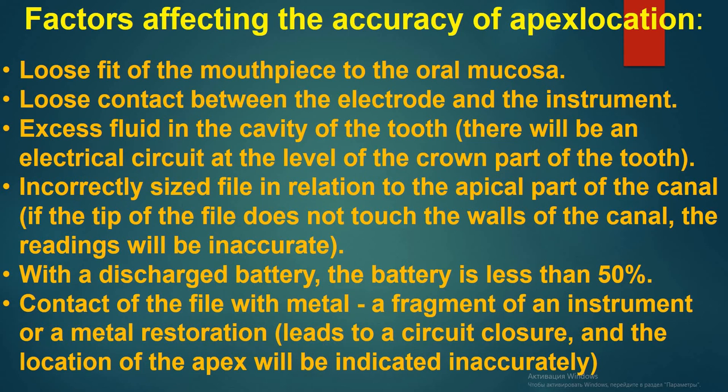There will be an electrical circuit at the level of the crown part of the tooth. Incorrectly sized file in relation to the apical part of the canal. If the tip of the file does not touch the walls of the canal, the readings will be inaccurate.